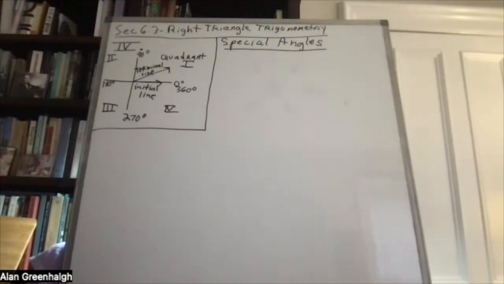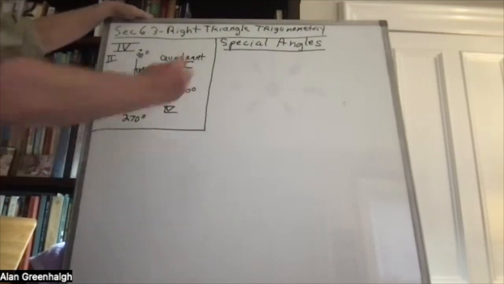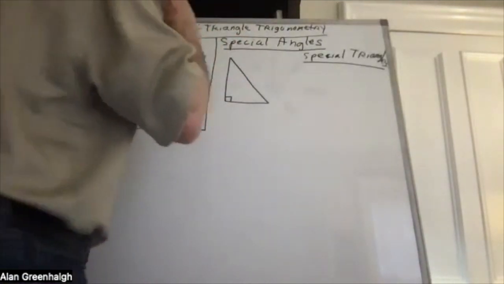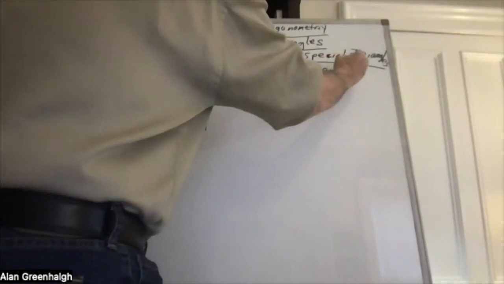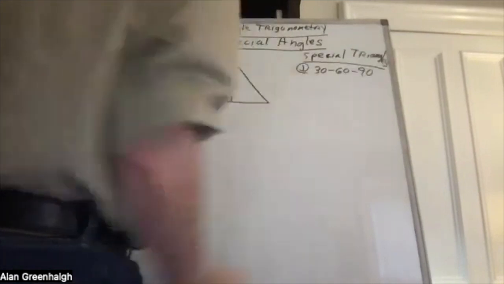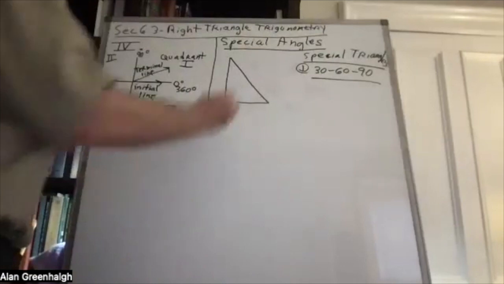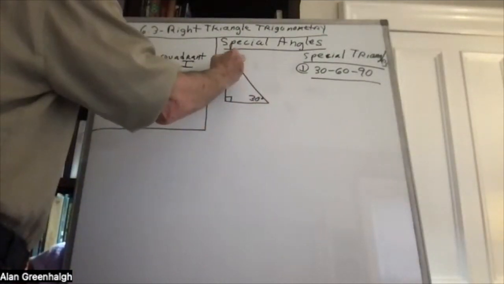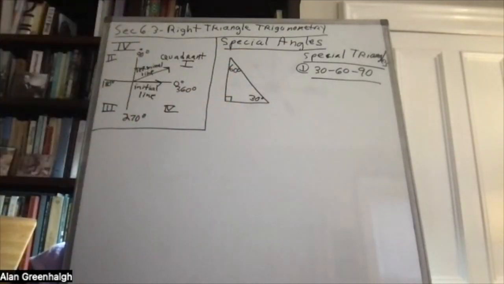The special angles are formed because of what are called special triangles. This is the first special triangle. The 30, 60, 90 triangle. 30 degrees, 60 degrees, 90 degrees.